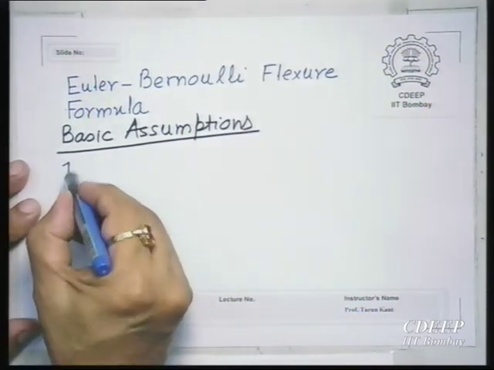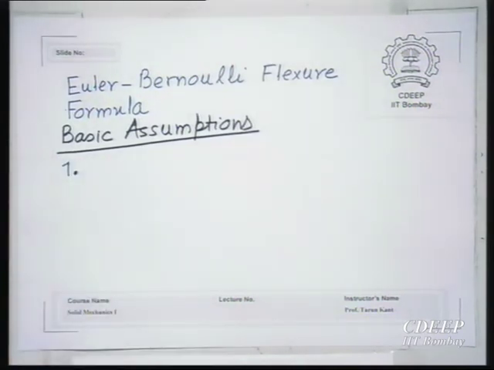First thing is, all deformations are small. Loads are applied in such a way, not very high, that the deflections, deformations, the movement of particles are not very large. And why do we say deformations are small? So that we can consider the equilibrium of the body in the undeformed state.